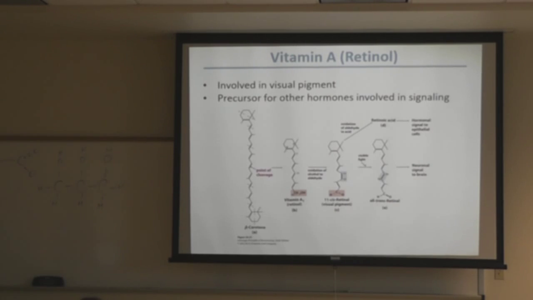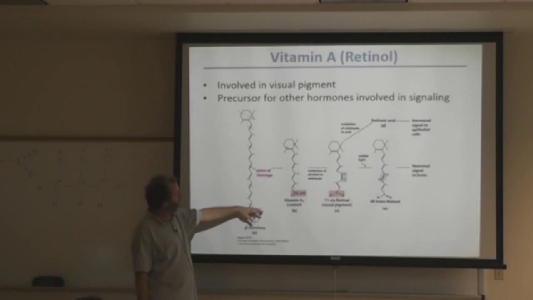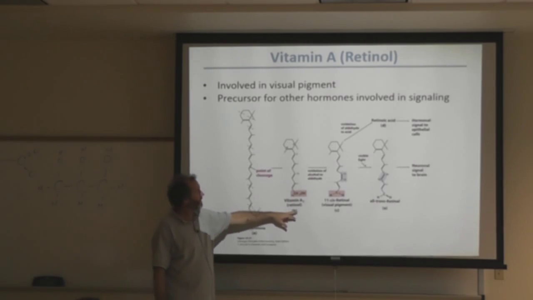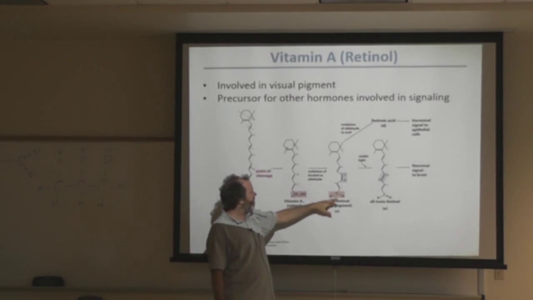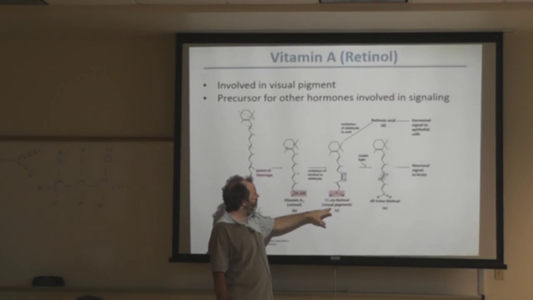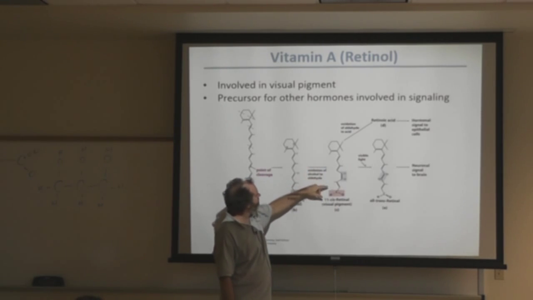Vitamin A or retinol, where do we use that? Vision? Yeah, retinaldehyde or retinal. So basically it gets cleaved from beta carotene, you have vitamin A, retinol, get oxidation to the aldehyde, and you have 11-cis retinal. If you see, you have a cis bond here.